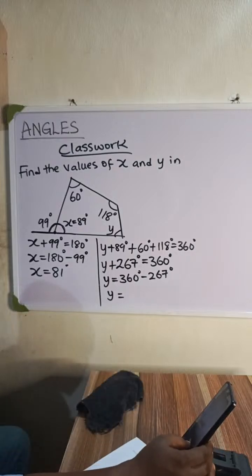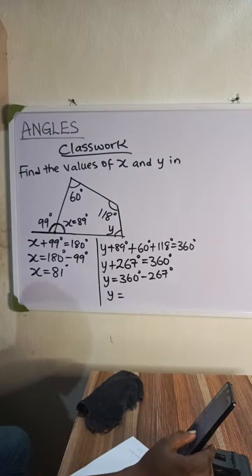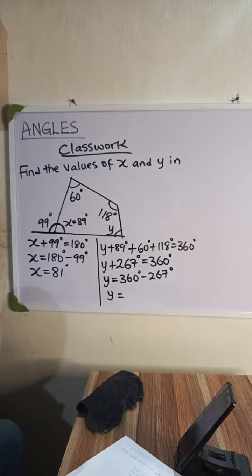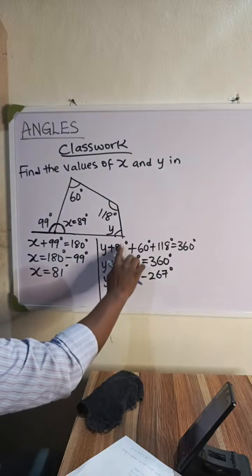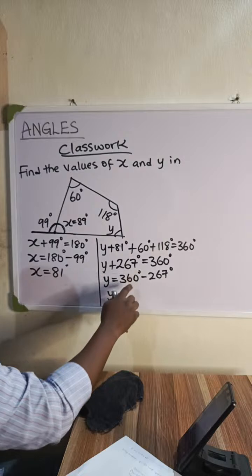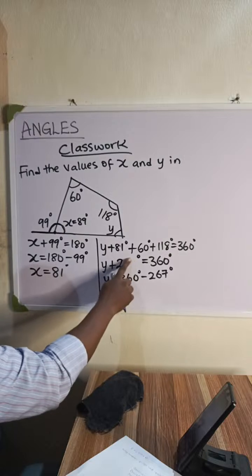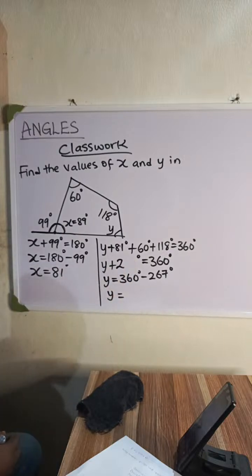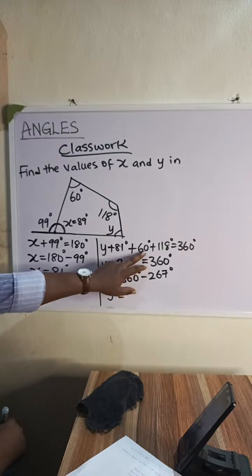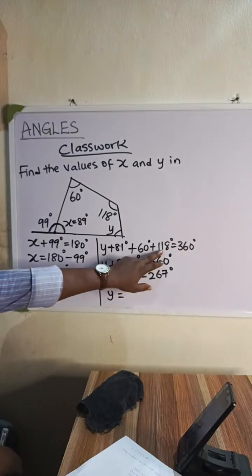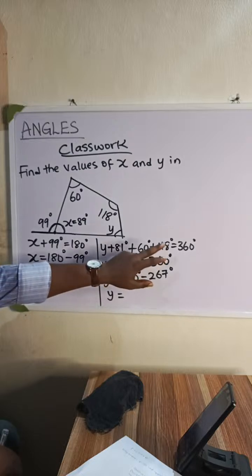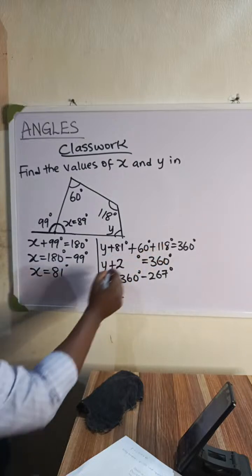Someone says 267. Oh, yeah, that's true. That's what made the difference. Okay, so let me repeat. 140, 141, 241, 251, 259.